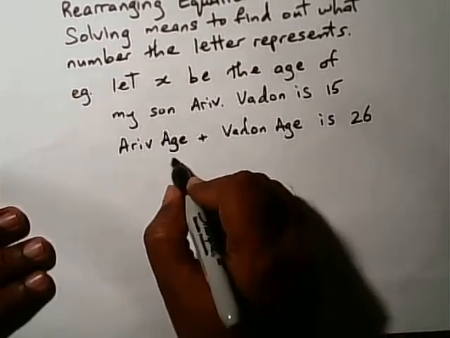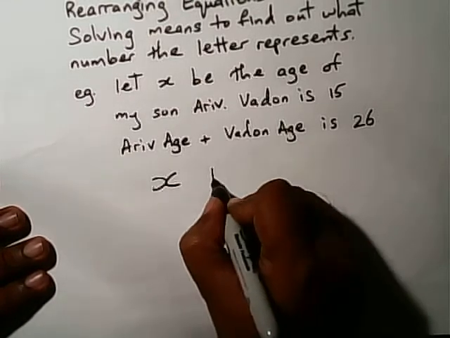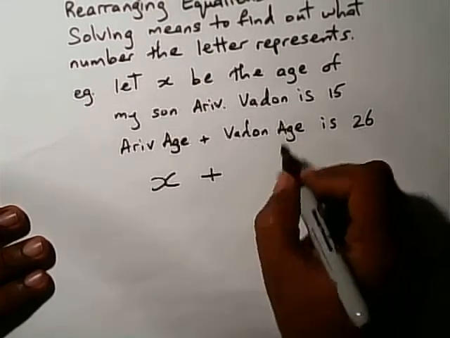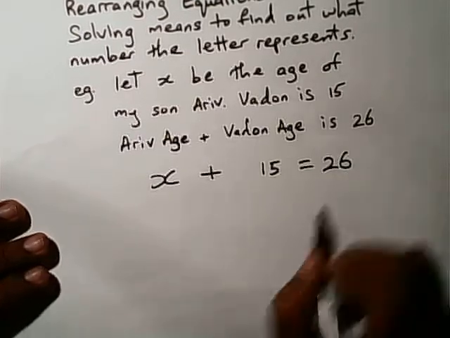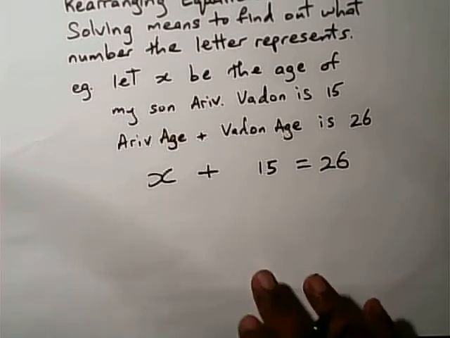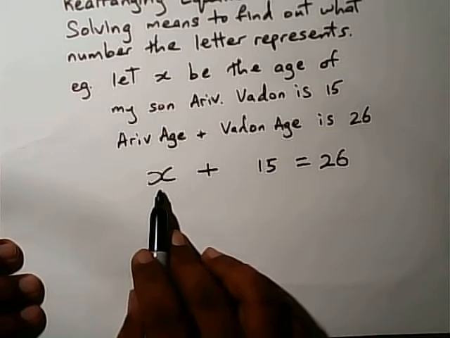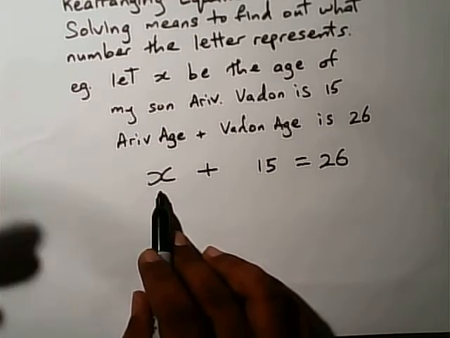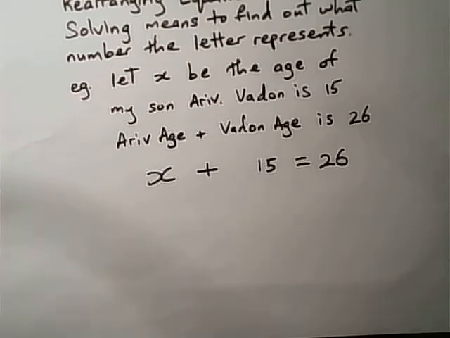Arif's age is going to be x. x plus Vedan's 15 equals 26. If I say solve this equation, it means figure out what number x is. Everybody could probably figure this out.